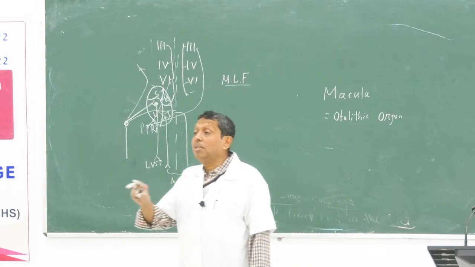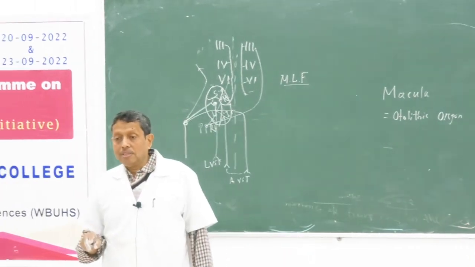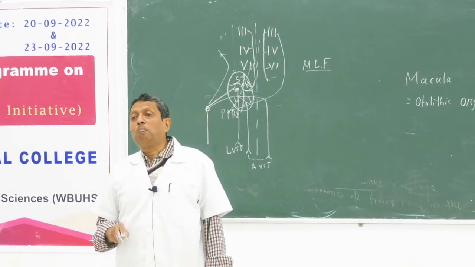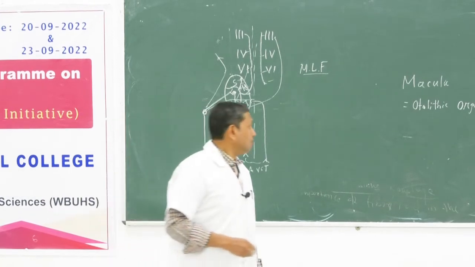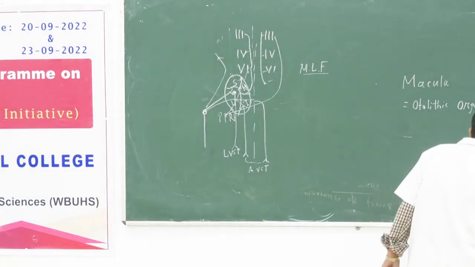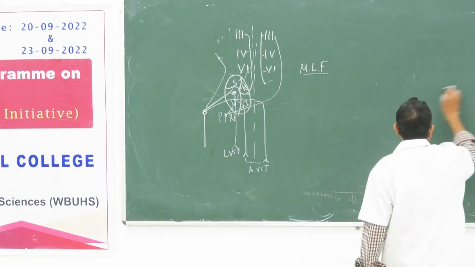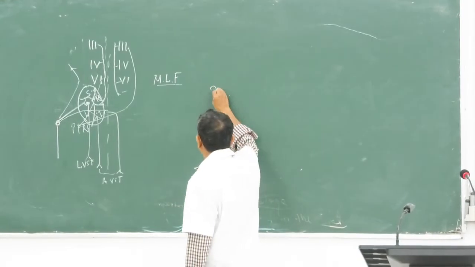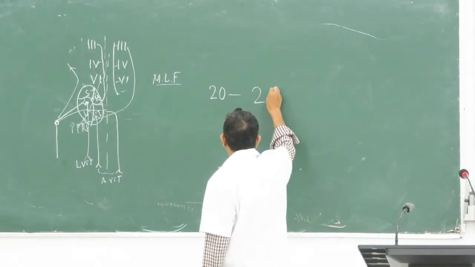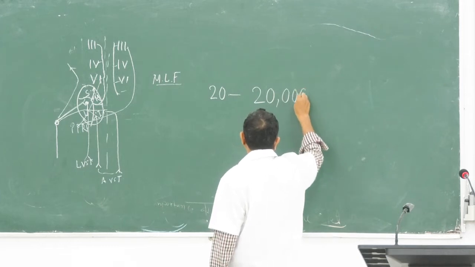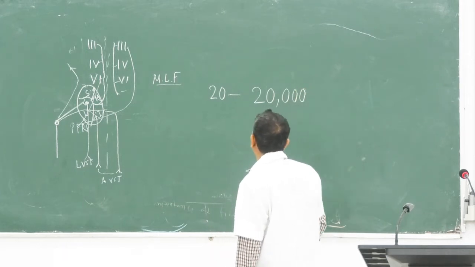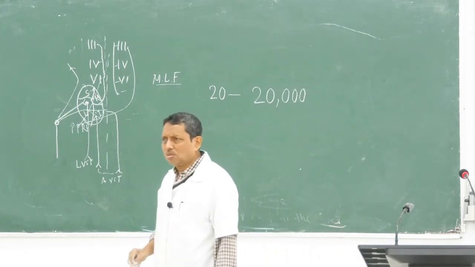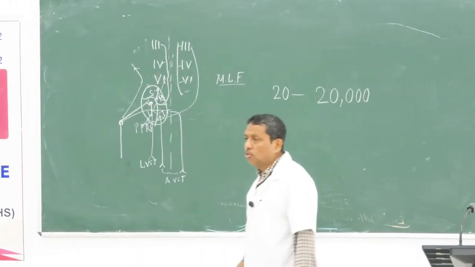Now, some remaining part of the auditory function is also important. Suppose pitch discrimination. The range of frequency we have learned in higher secondary text also: 20 to 20,000.